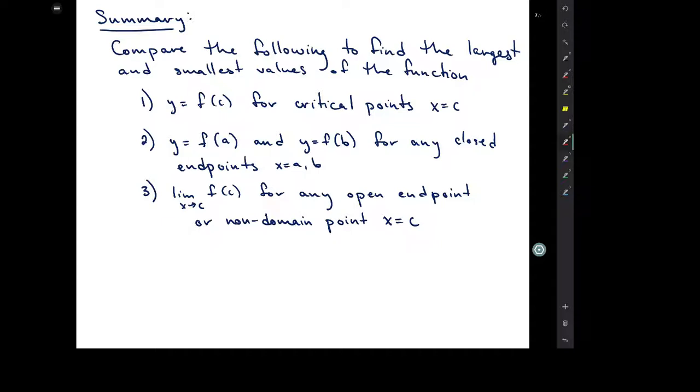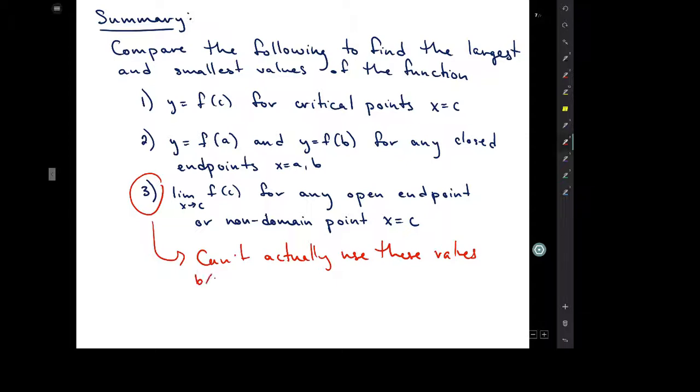In the third case, we want to calculate f of c, or the limit as x goes to c, for any open endpoint or any non-domain point. And in this last case, we can't actually use these values, because either they are not included in our interval or the function is not defined.